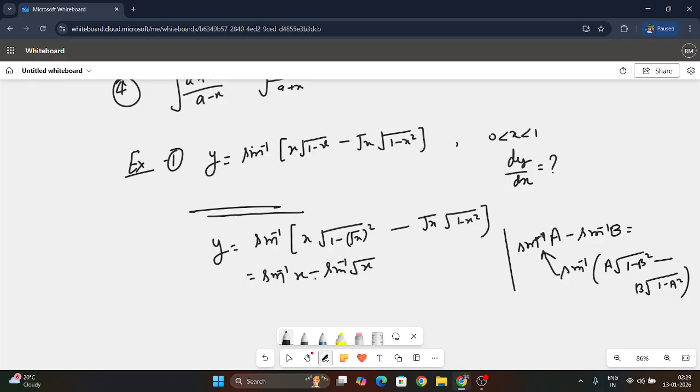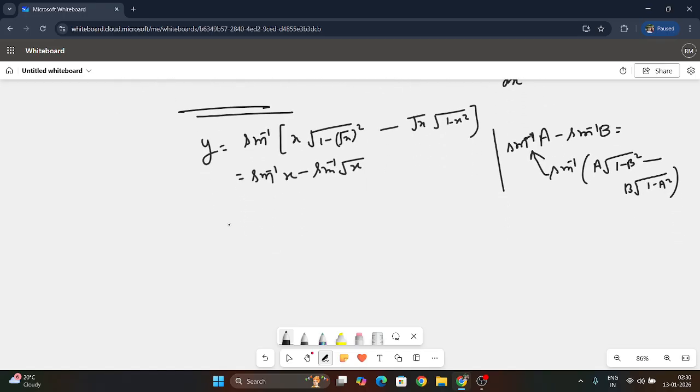Now it is looking very easy to differentiate. If you directly differentiate it, it's going to be very lengthy, but now it is looking comparatively easier. So let's do that. There should be no delay in solving this now. Let's start. dy by dx is equal to 1 by root of 1 minus x square minus 1 by root of 1 minus x square times the differentiation of root x, which is 1 by 2 root x.